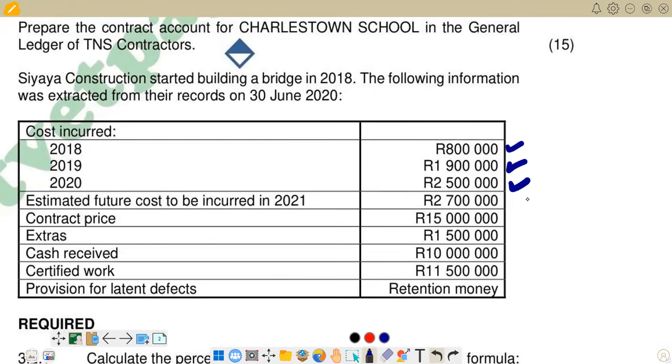Then for the total contract cost, let's say a formula that we can use to find that figure.